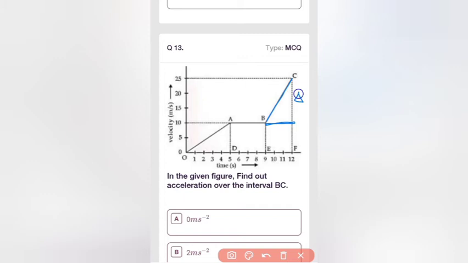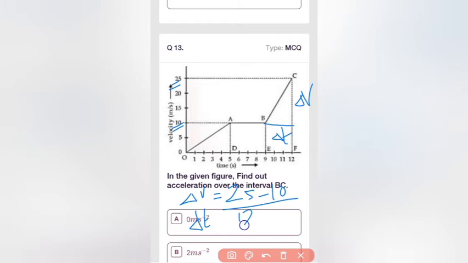So delta V divided by delta T. Delta V is equal to 25 minus 10. Delta T, just now we have seen, what is it? 12 minus 9.